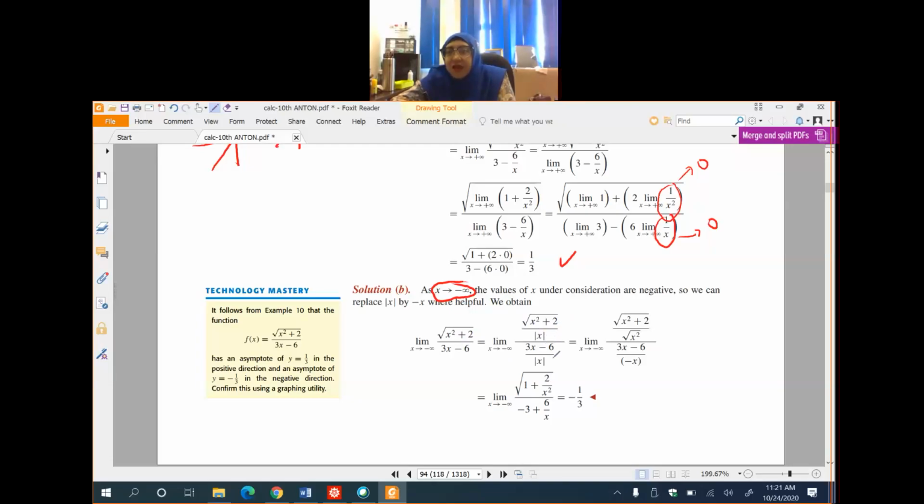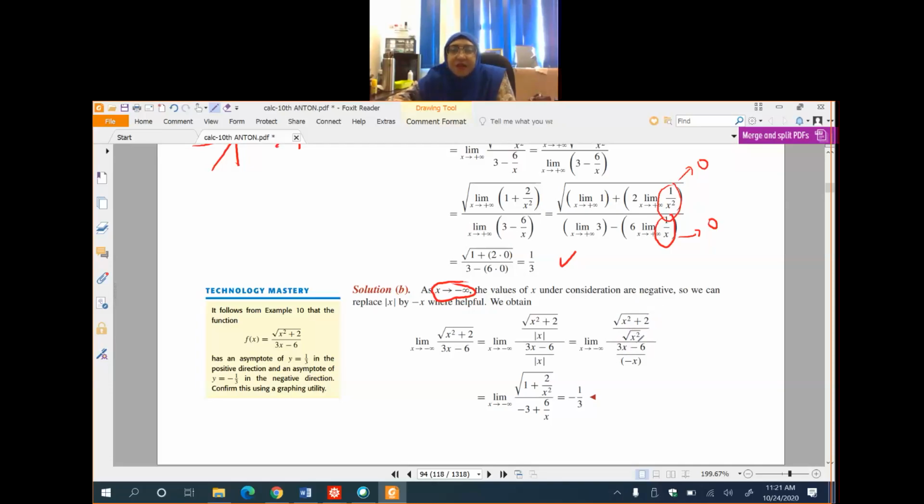We have to divide both sides with the absolute value of x, and then we replace the absolute value of x with the square root of x squared for the numerator, because we want to combine with the original expression.